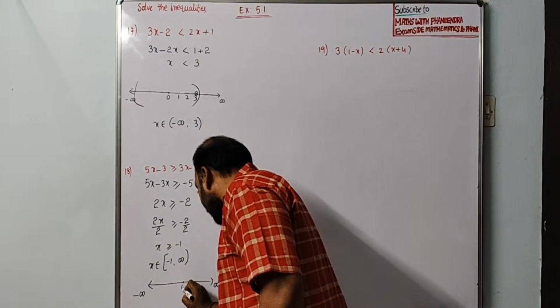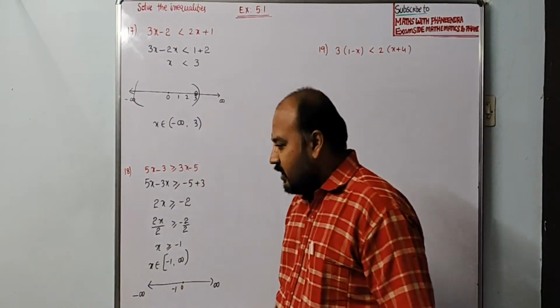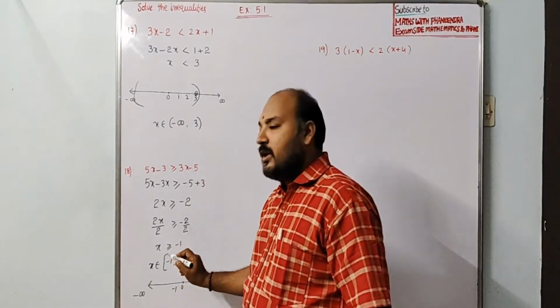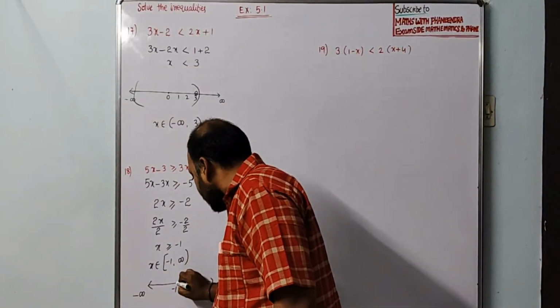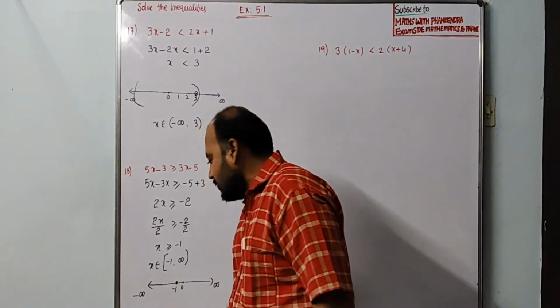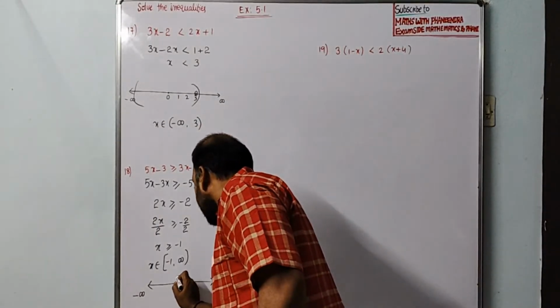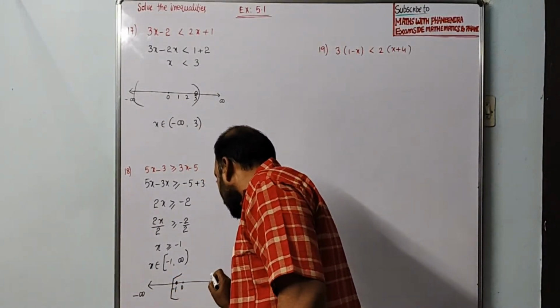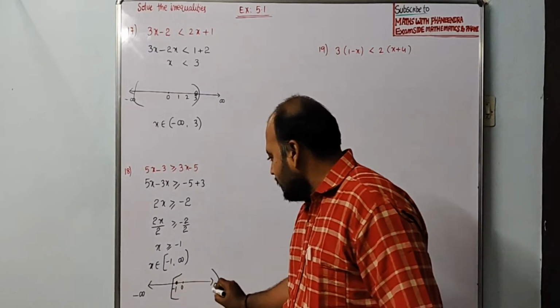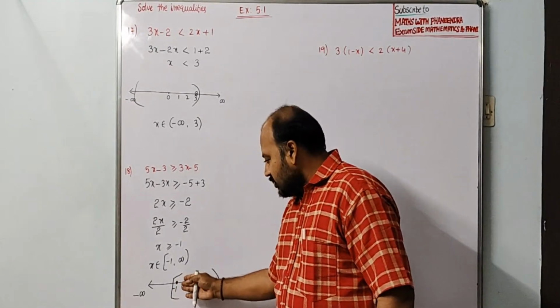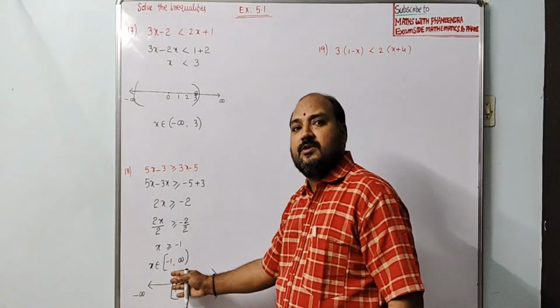This is 0. Minus 1 will be there. Or equal to is there, which means it will be included, so it is a thick dot. It represents an included number. So x is greater than or equal to minus 1. This is the solution set, the solution region where the value of x lies.